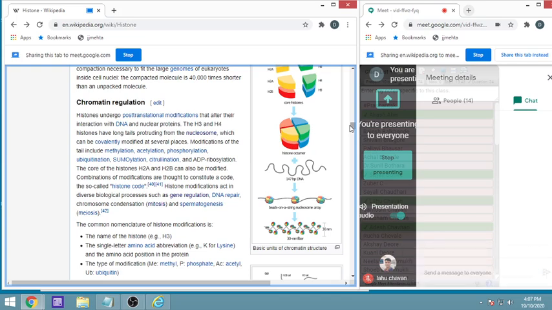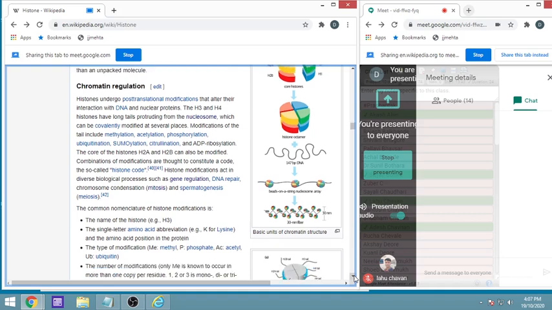The H3 and H4 histones have long tails protruding from their nucleosomes, and these tails can be covalently modified at several places. We have seen these processes, methylation, acetylation, etc. Because of this covalent bonding there will be changes, and because of the changes there will be functional changes. We shall see what the impacts of this are.